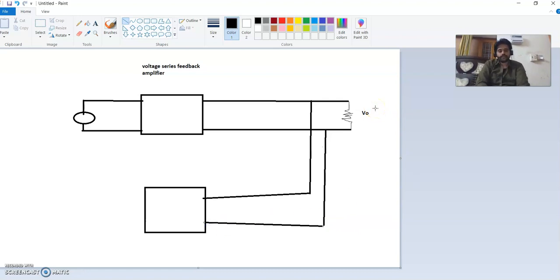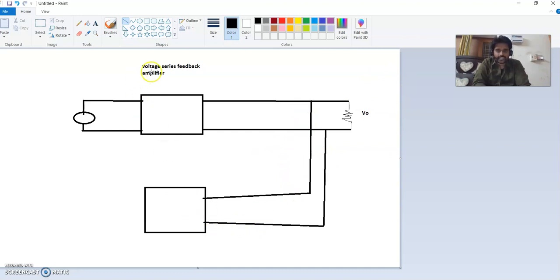If you observe, whatever voltage is developed is going to be given as input for the feedback element. This is your feedback element and this is your amplifier section, right? So whatever output voltage is developed, voltage is going to be sampled or taken from the output end and given as input for the feedback.